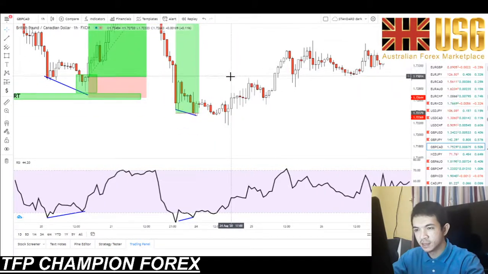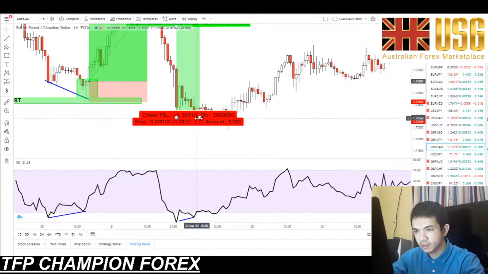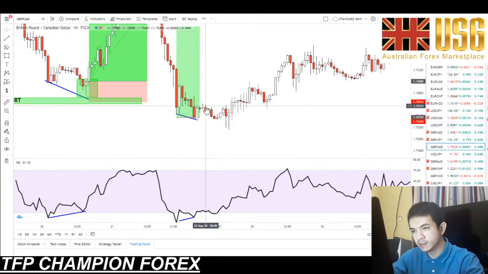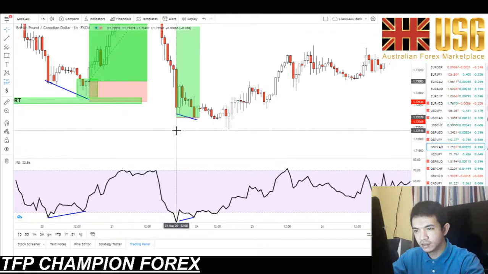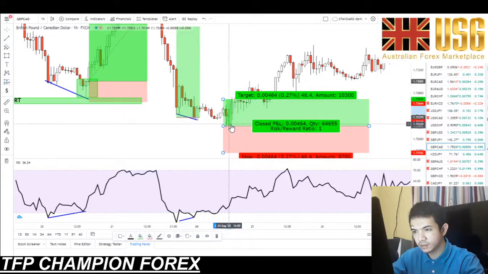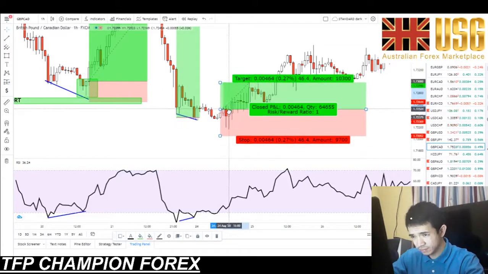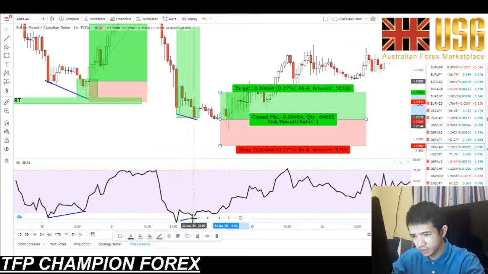Then my second trade, again, after this trade, I realized that it is not yet the reversal move of the market. So what I do is I place again another trade here. For example, I saw a divergence.